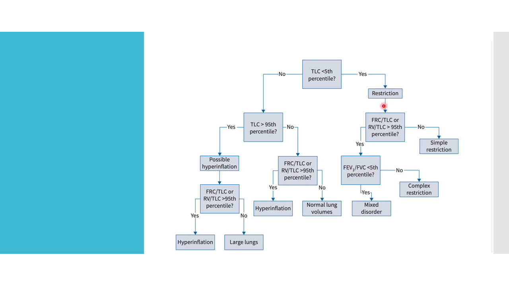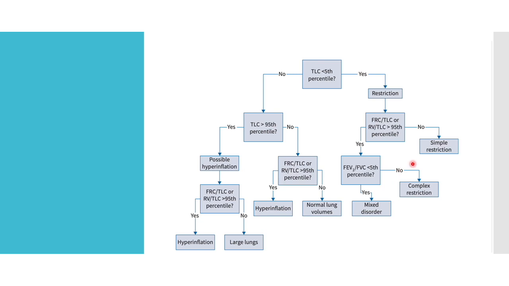Now there was a restriction and there is an obstruction, so this has to be a mixed disorder. But if the FRC/TLC and RV/TLC was not affected, then it's a pure restriction. Now in certain circumstances, if obstruction is present, it can also be either a complex restriction or a mixed disorder.